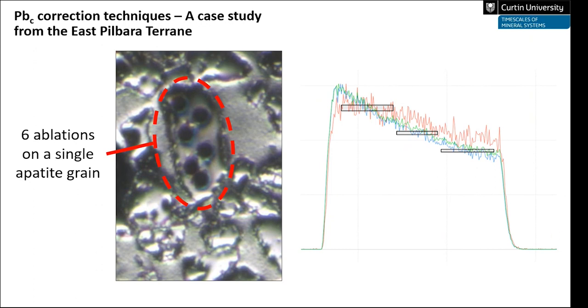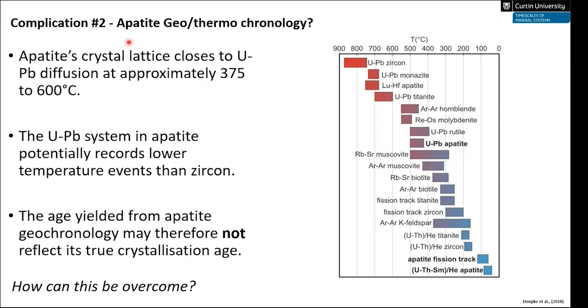So we're effectively checking the validity of using the Stacey and Kramers lead model to ensure that our correction is correct. There's also another complication here, and you have to distinguish between primary apatite, that is the crystallization age of apatite, or some other secondary process that's occurred.